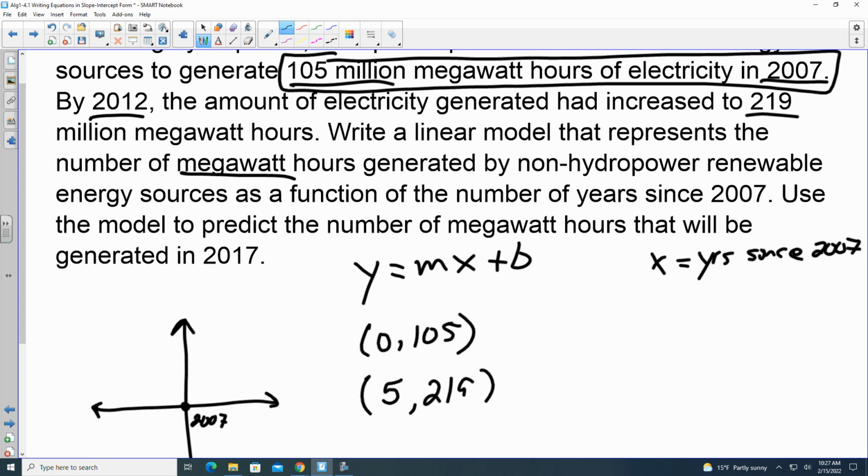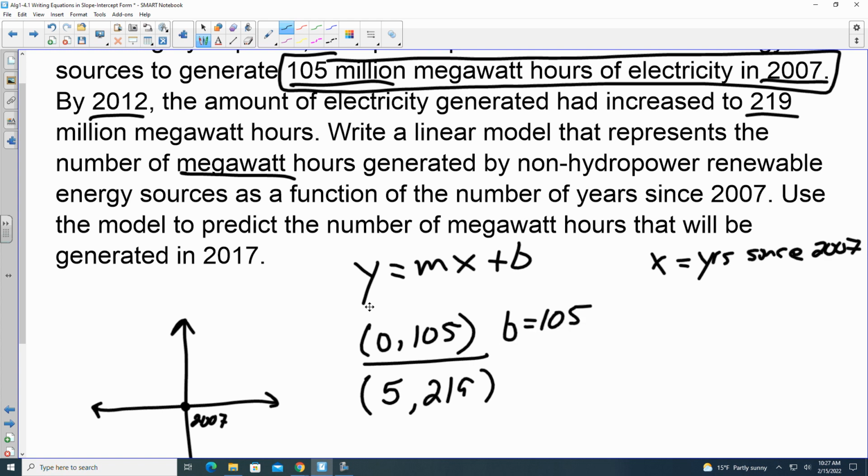So these are my two ordered pairs that are going to help us formulate an equation. This first one just so happens to be our y-intercept because it crosses the y-axis, since it's 0 comma b. So I know that b in this case is 105.